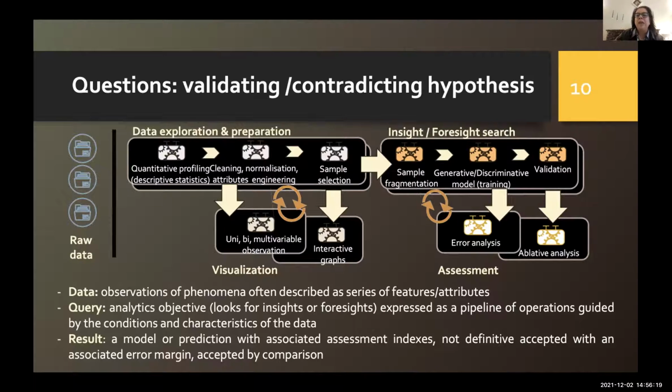And the experiments contain four specific groups of tasks: data exploration and preparation, which is accompanied by visualization tasks. Then insight or foresight search, that includes processing and fragmenting the data, training, for example, models, and then validating the results through assessment processes.